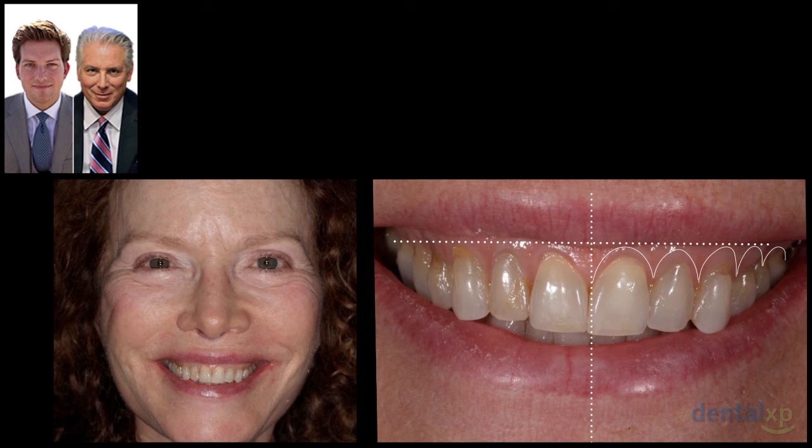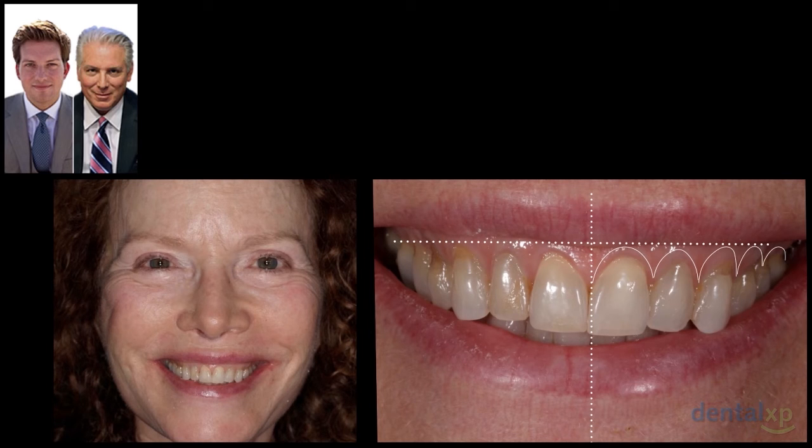I tend to feel that as we do more and more of these cases, we start to get very fanatical about the final tooth position. If you're doing a lot of these cases, you start to realize that every specialist that gets involved, every ceramist that you get involved in these cases, everybody has control into the final aesthetic. And everybody really has to be on the exact same page.